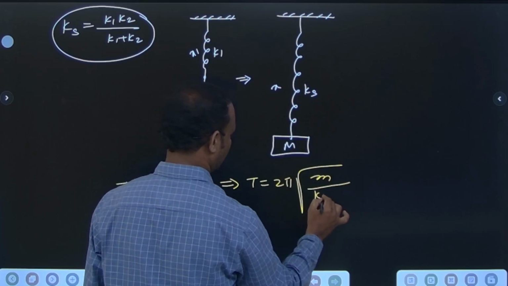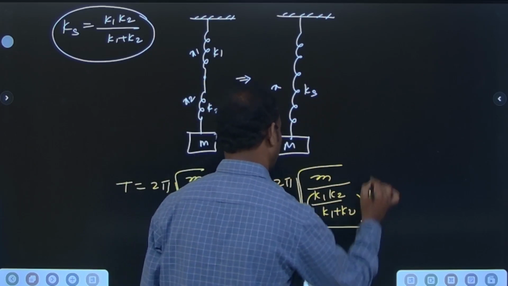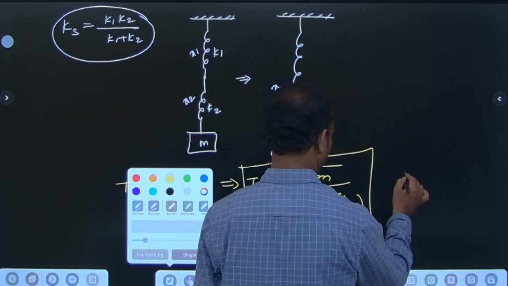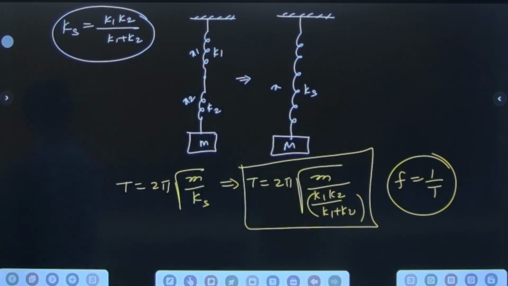Correct? Ks is K1 K2 by K1 plus K2, the concept of series combination of springs. If I give you the time period, what about the frequency? The frequency f is equal to 1 by 2 pi under root of Ks by m. This is the concept of series combination.